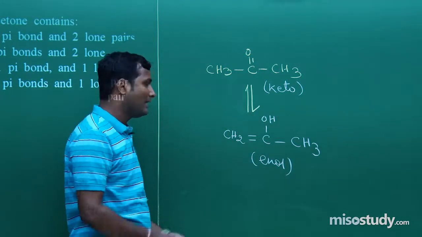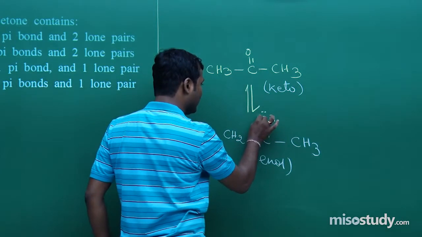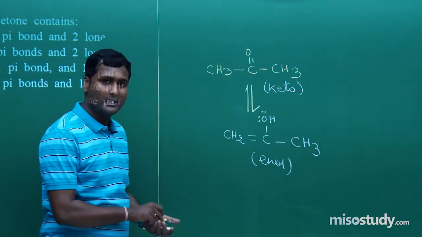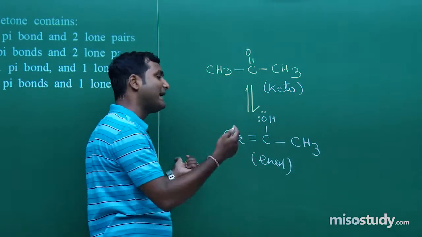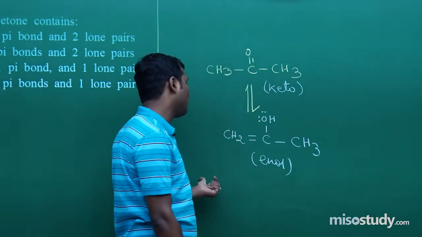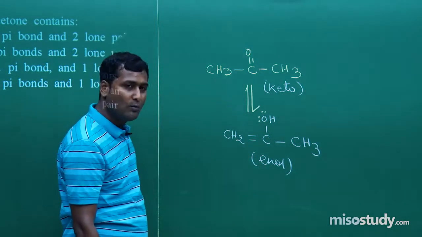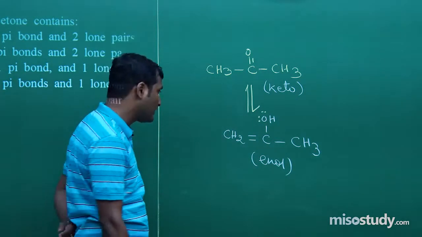Now find out the number of lone pairs of electrons. What is the question? The number of sigma, pi and lone pairs. How many sigma bonds, how many pi bonds, how many lone pairs of electrons in the keto and in the enol form.